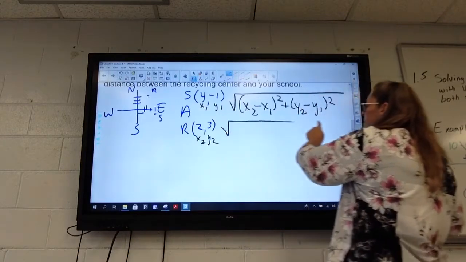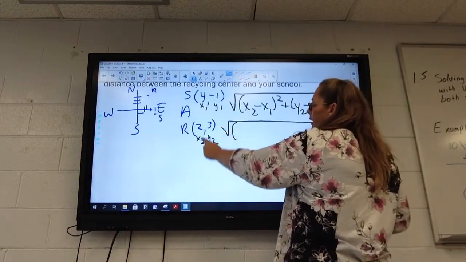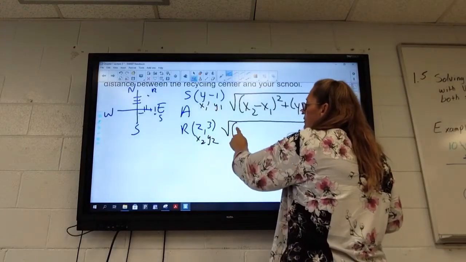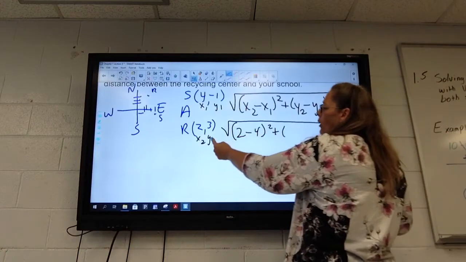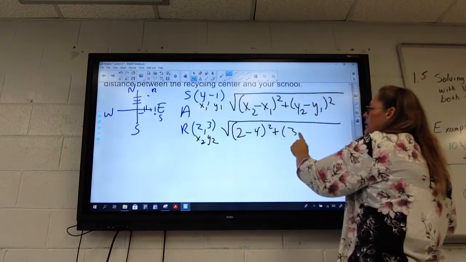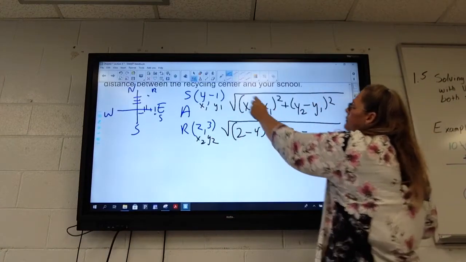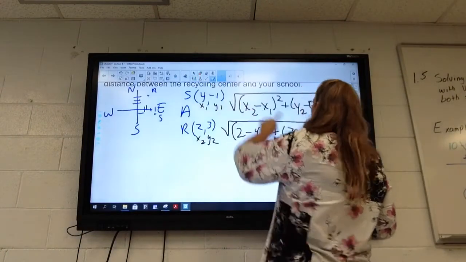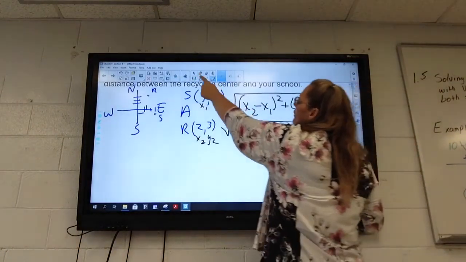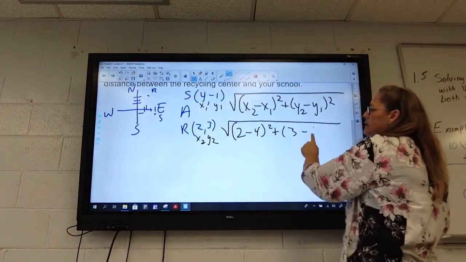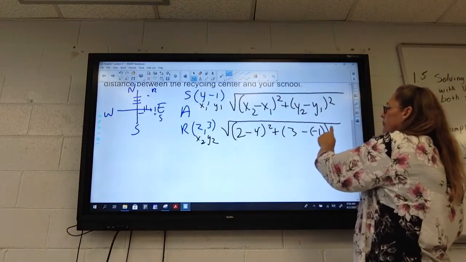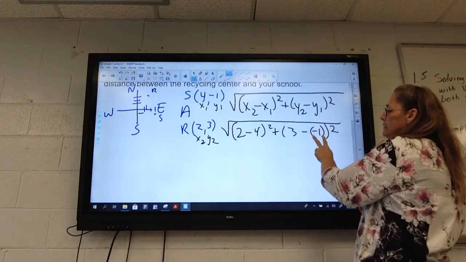Alright, so when we substitute everything in, x2 minus x1, so 2 minus 4 squared plus y2 minus y1, 3 minus that negative 1. Alright, I got 2 sets of parentheses here.